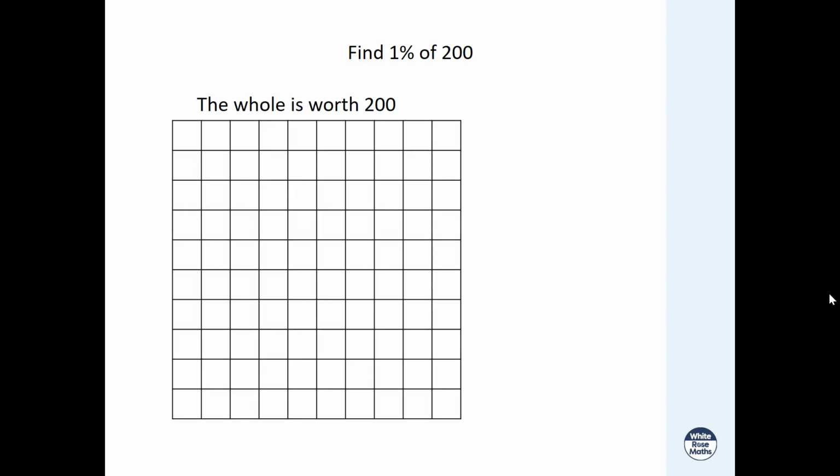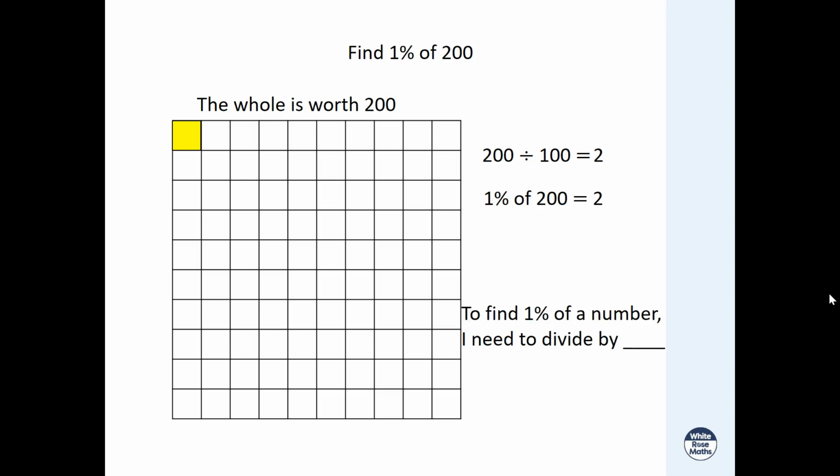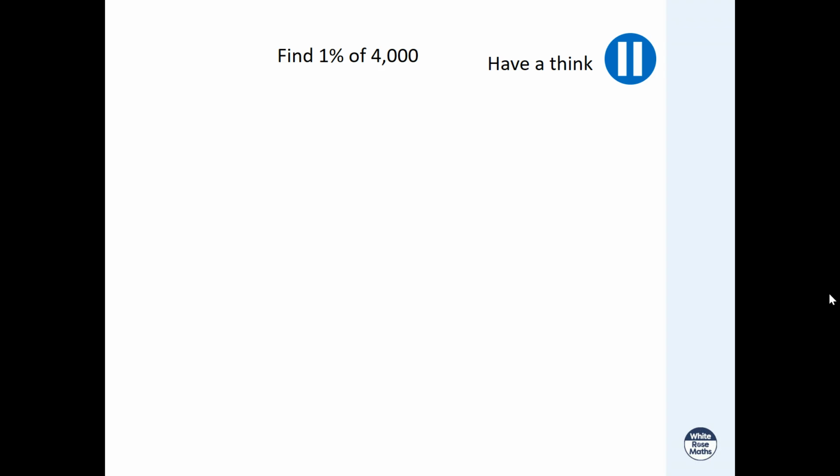Okay, so we are going on to find 1%. So to find 1% of 200, this whole is worth 200. 200 divided by 100 is 2. So to find 1% of an amount, we must divide it by 100. And we know that if we divide 200 by 100, we get 2.